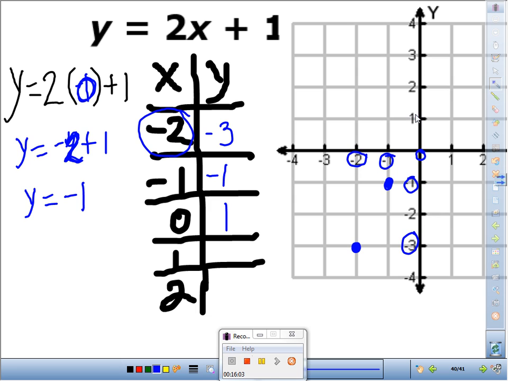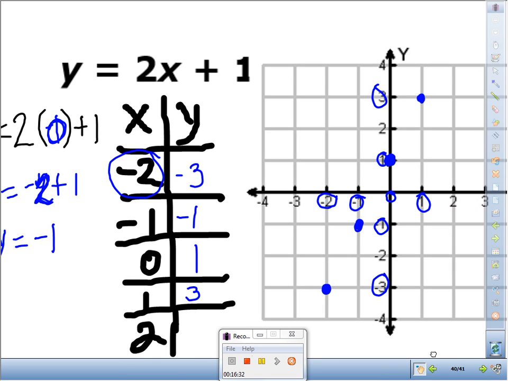Up here. So where do they meet up? Right there. So far so good? What is my next value right here? Okay, go ahead, Stephanie. 3. Hands if you got 3. That is correct. 1, 3, and it's right there.